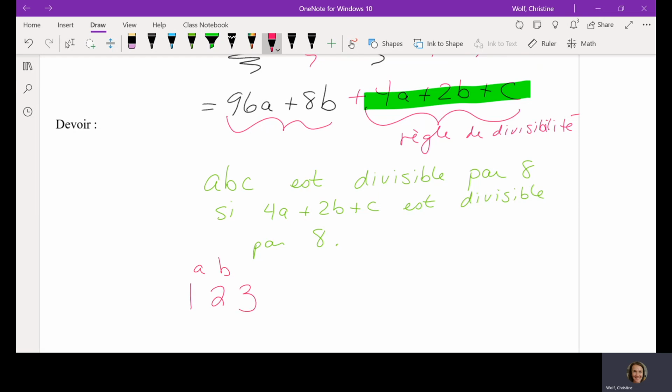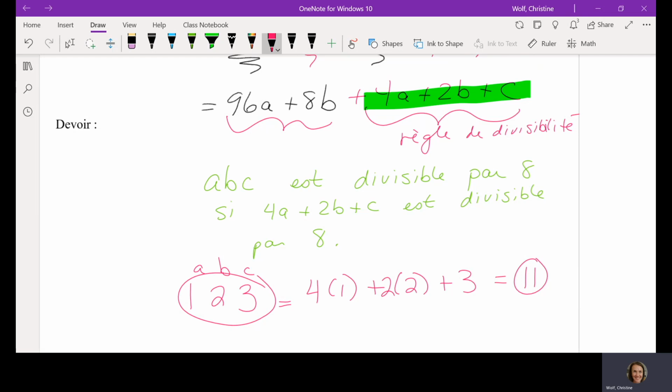Ça, c'est ton A, ça, c'est ton B, ça, c'est ton C. So, si tu fais 4A, and then 2B, and then C, ça, c'est égal à 4 plus 4 plus 3. Et ça, c'est égal à 11. Well, 11 n'est pas divisible par 8. So, celui-ci n'est pas divisible par 8.